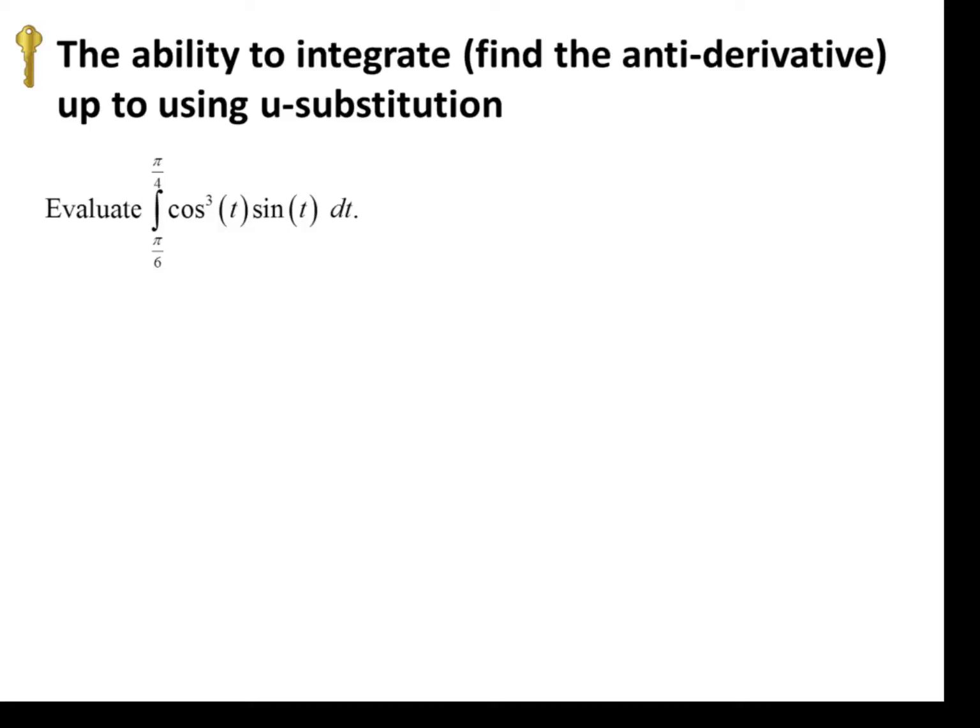What are you going to let U equal? If you let U equal the cosine of t, this part here is the cosine of t cubed. It would have been better if it was written like that. Then it would have been more obvious what to let U equal. You want to let U equal this inside function and see if its derivative is part of the outside. Not exactly all of the outside, but part of the outside. Okay.